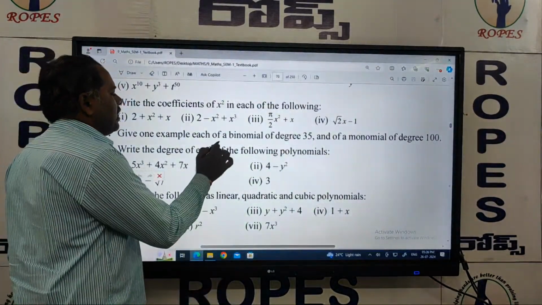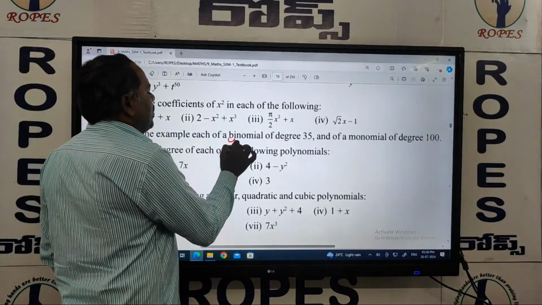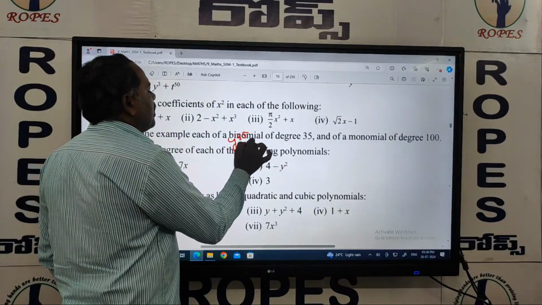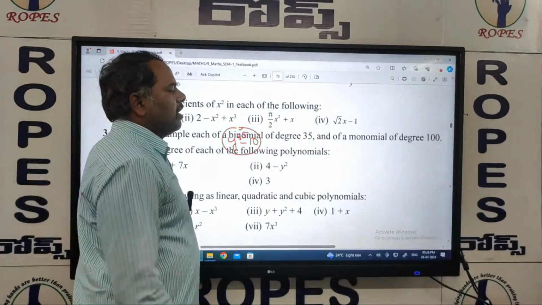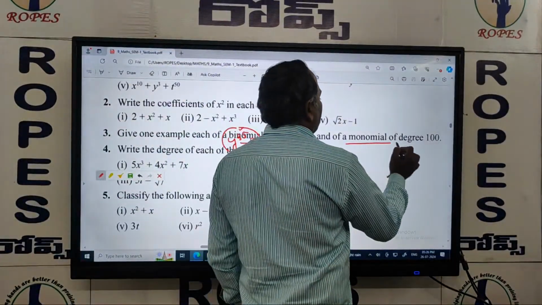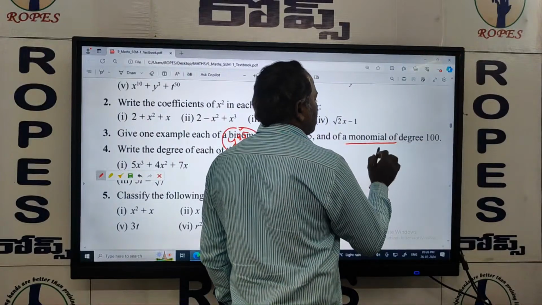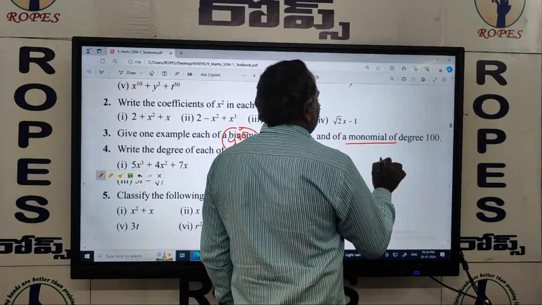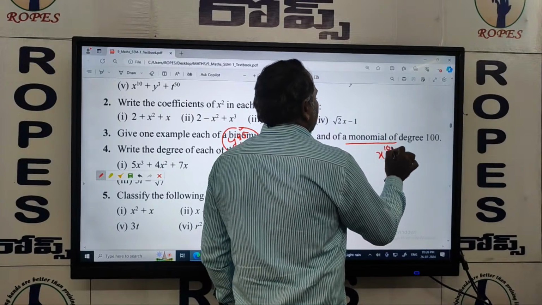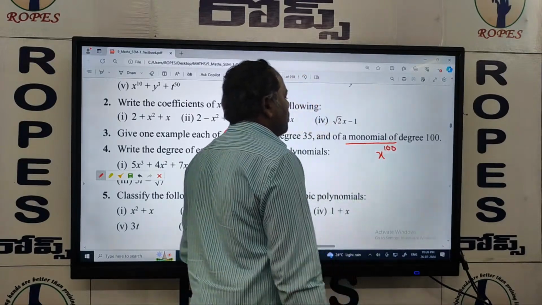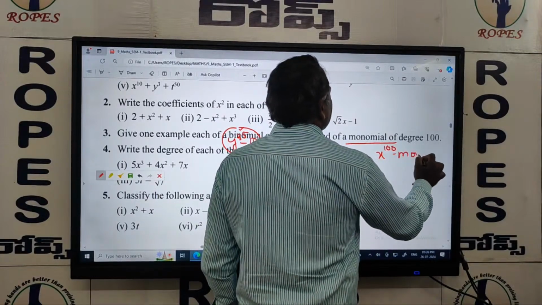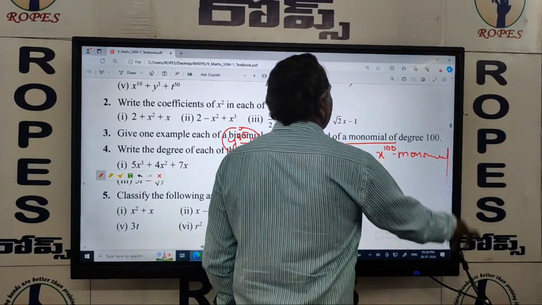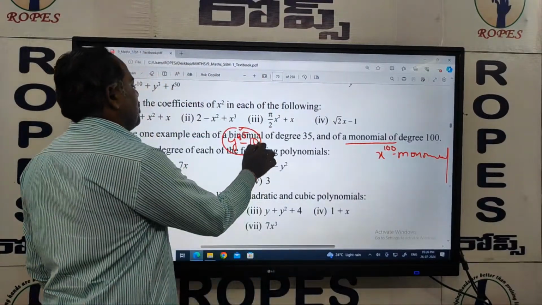So now I am taking y power 35 minus 10. This is the binomial with degree 35. Now for the monomial I am simply taking x power 100. x power 100 is a monomial. Okay, so it is a monomial. It is a binomial.